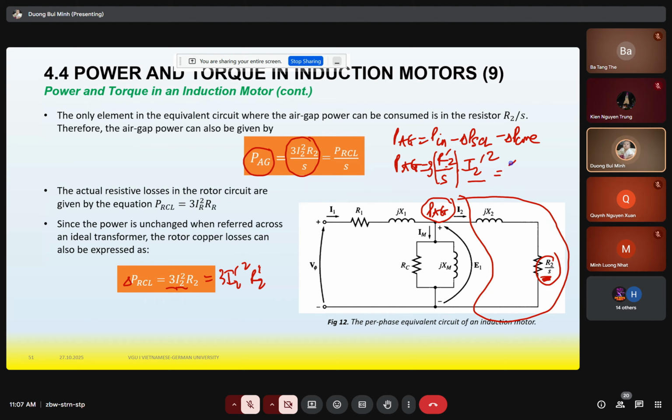So here we can get delta P_RCL over S, because 3 times R2' times I2' squared is delta P_RCL. If we divide by S, you get the air gap power.